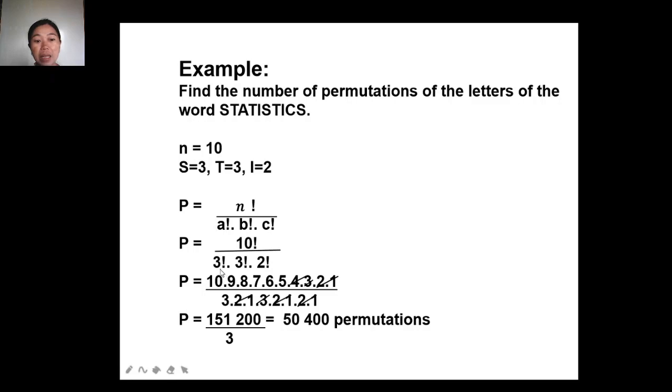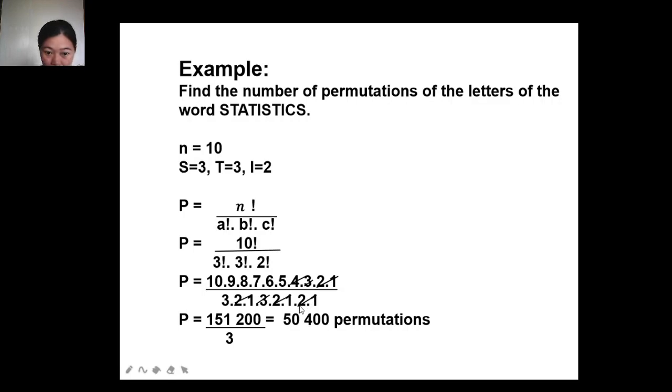Then 3 factorial means 3 times 2 times 1, another 3 factorial, 3 times 2 times 1, and 2 factorial, 2 times 1. Then simplify. In simplifying, we can divide out common factors to reduce the value of the numerator and denominator, so it is easier to multiply and divide.